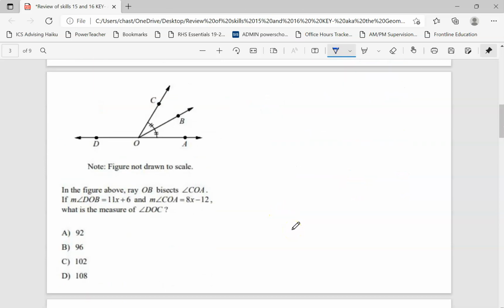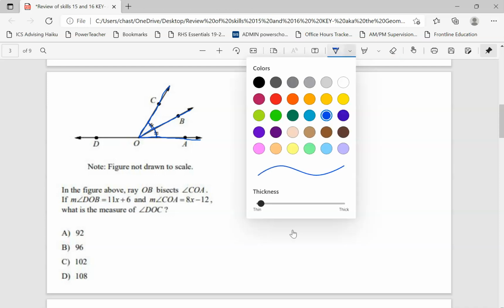For this next one, it says in the figure above, ray OB, so this ray right here, bisects angle COA. And you can see they've already marked those. We're told that the measure of angle DOB, so DOB is this angle over here, is 11x plus 6. Let me use a different color here to illustrate the angle DOB.